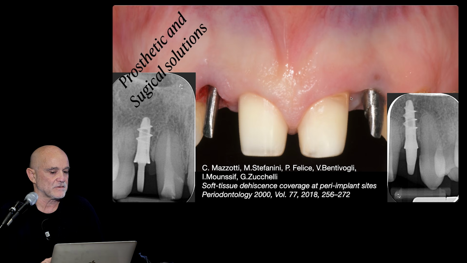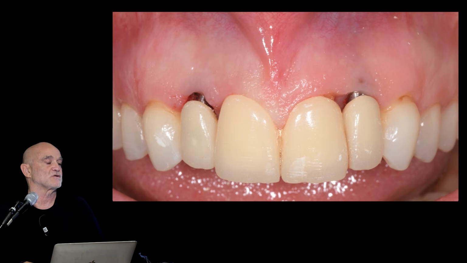Remember, the crown and the tooth were attached. Now we reduce the abutment of the implant, we reduce the abutment of the tooth during the preparation, so there is 1.5, more than 1 millimeter of soft tissue isthmus. And when there is 1.5 millimeters of soft tissue isthmus, we can work surgically.